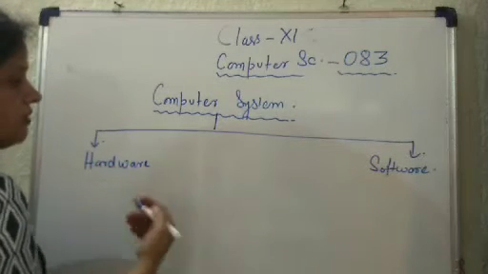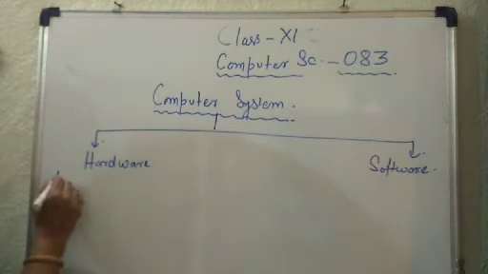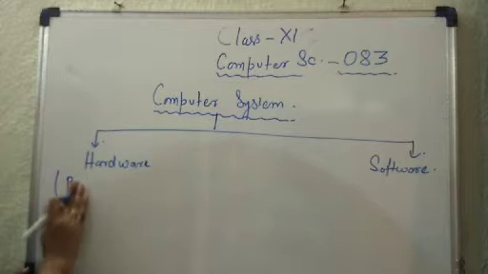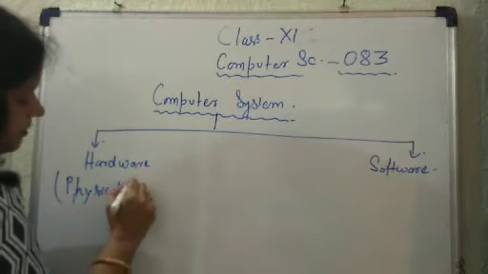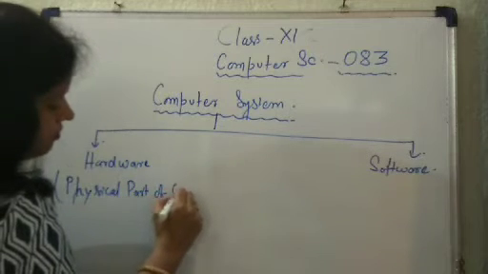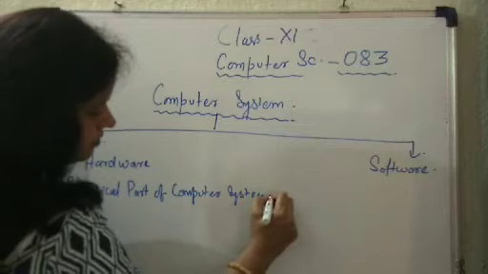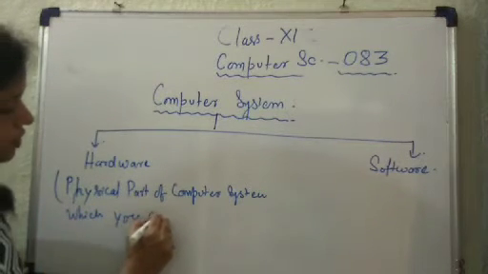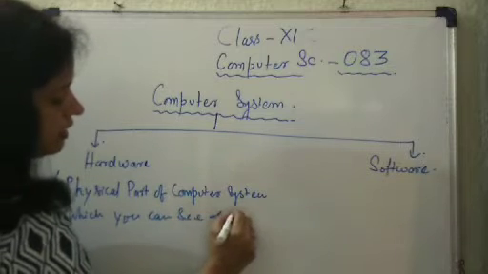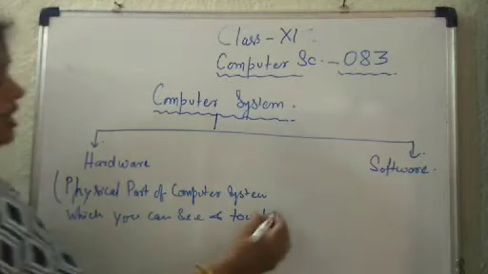Now let us see what is this hardware. Hardware is the physical part of the computer system, which you can see and touch, right? That is called hardware.